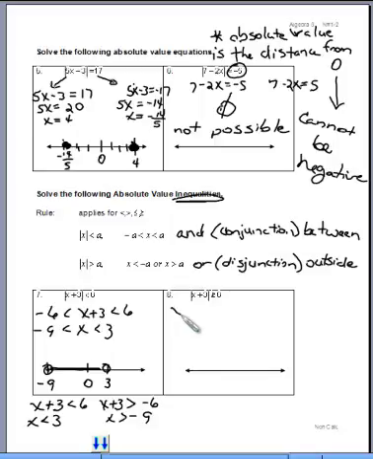Okay, so we have x plus 3 is greater than or equal to 6, leave one just as it is, and then the other one is the negative where you switch the sign. X plus 3 is less than or equal to negative 6. Subtracting 3 from both sides, x is greater than or equal to 3. And subtracting 3, x is less than or equal to negative 9.